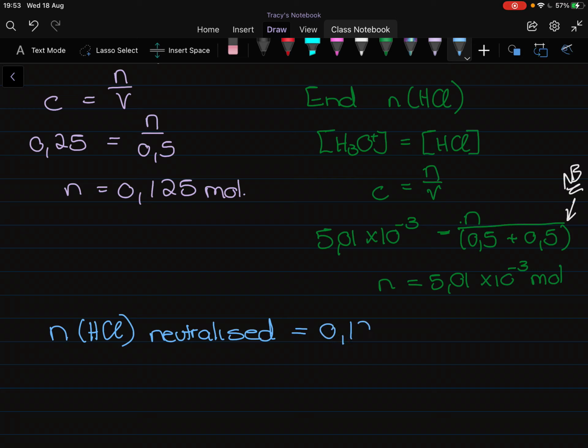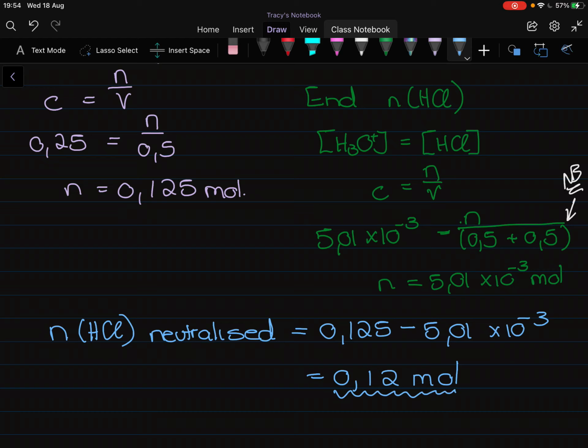So I had 0,125. I'm going to minus the 5,01 times 10 to the minus 3. And that's going to give me 0,12 moles. You can put it in your calculator, but you can trust me. Okay? That means this is the number of moles that took part in the reaction.